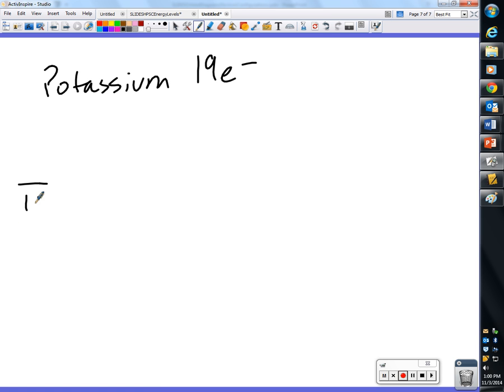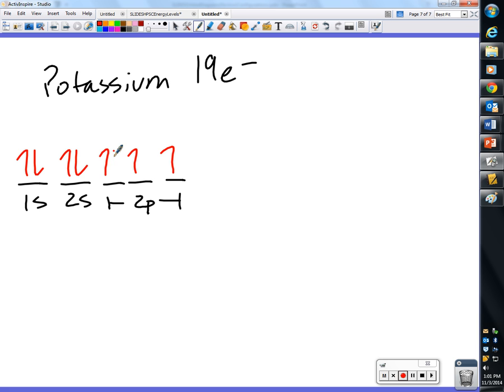First orbital to get filled, 1s: 1, 2. Next orbital to get filled, 2s: 3, 4. Next, 2p: 5, 6, 7, 8, 9, 10.